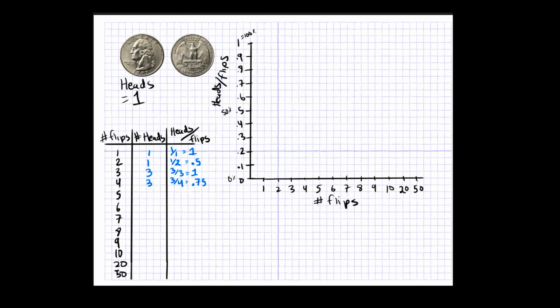You also want to title your graph. So let's call this graph the proportion of heads versus flips.